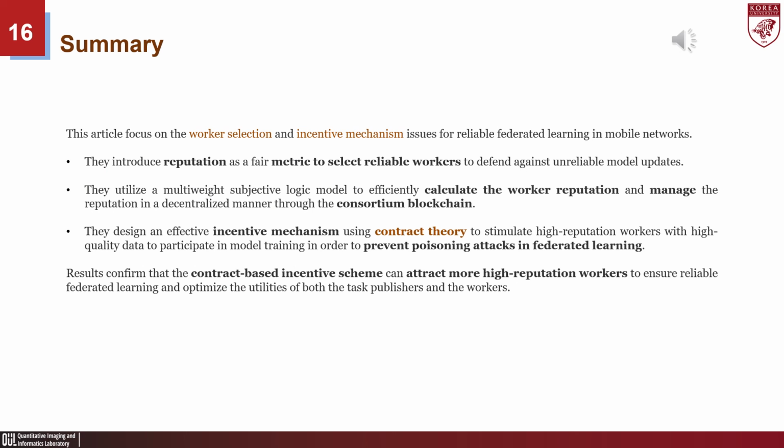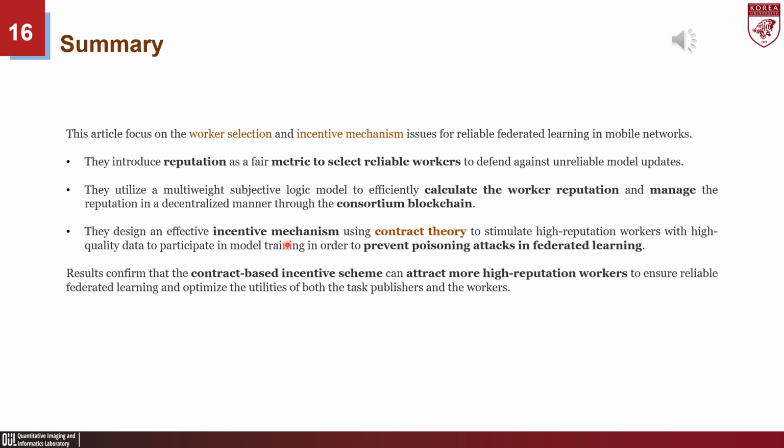In summary, this article focuses on worker selection and incentive mechanism issues for reliable federated learning in mobile networks. Firstly, they introduce reputation as a fair metric to select reliable workers to defend against unreliable model updates. Secondly, they utilize a multi-weight subjective logic model to efficiently calculate the worker reputation and manage the reputation in a decentralized manner through the consortium blockchain.